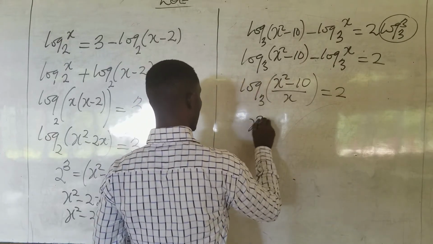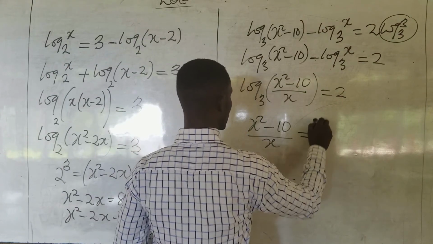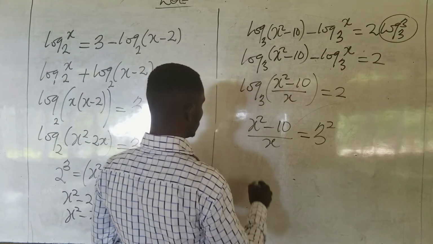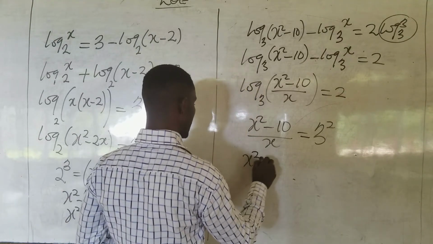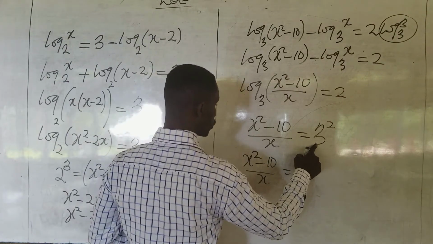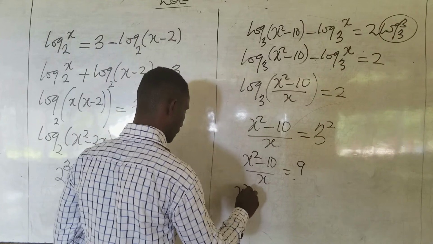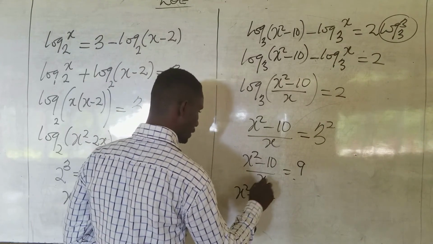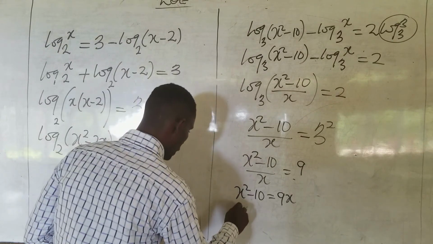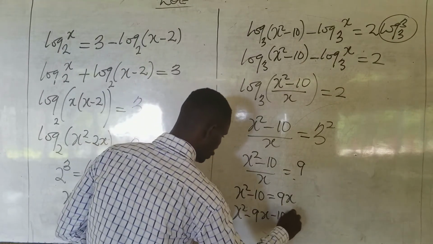So x squared minus 10 over x is equal to 3 raised to the power 2, which is 9. So let's cross multiply. You get x squared minus 10 is equal to x times 9, 9x. Now we get x squared, group largest, minus 9x minus 10 is equal to 0.